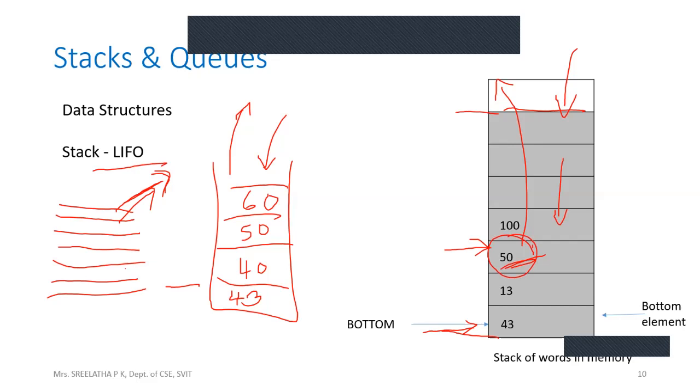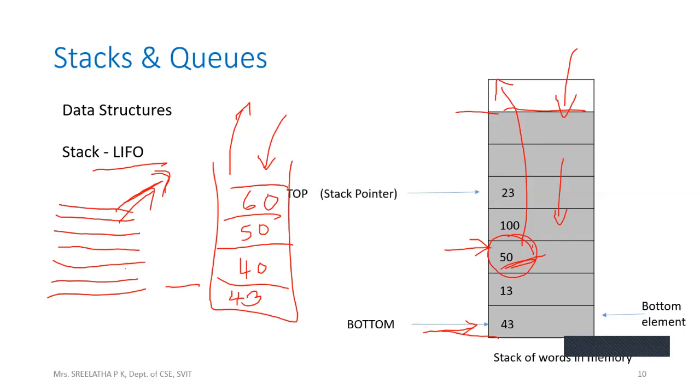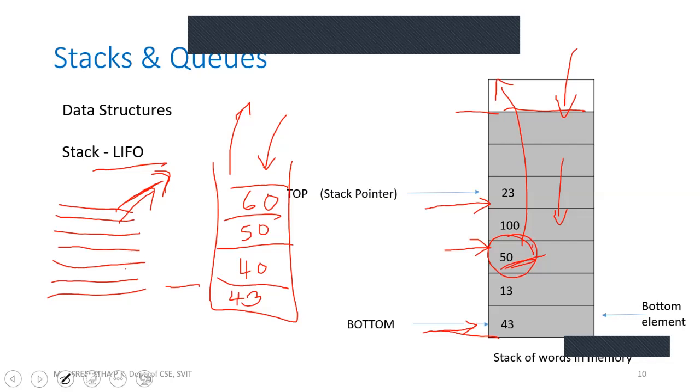Now, at this particular condition, this is the topmost element. There is a register, the stack pointer register. The stack pointer register contains the address. It is a pointer to this location; it contains the address of this particular topmost location.